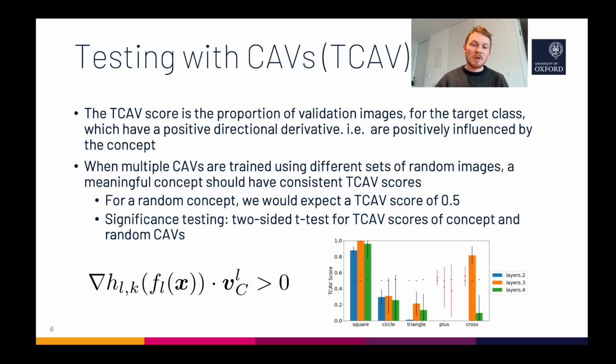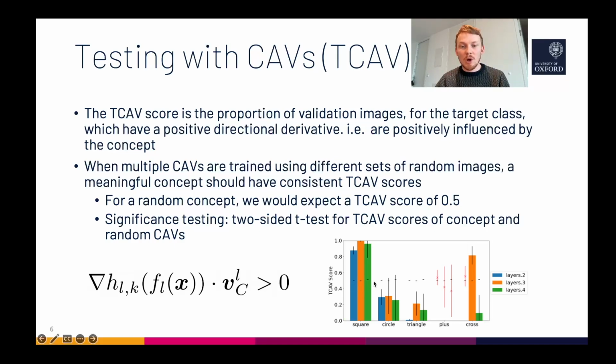And so in the bottom right, we have an example of a figure where we represent TCAV score for different concepts in our elements dataset. The way you might read one of these, we don't really care about the message of this image right now, is that the x-axis shows different concepts, the different bars and colors are different layers of the network, and the y-axis shows you the TCAV score.